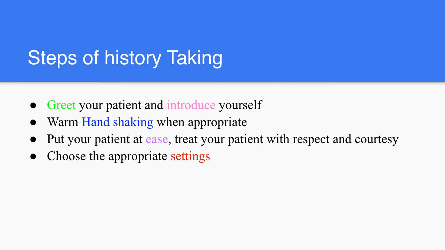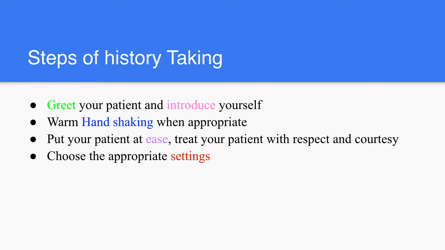And then you pull the curtains to ensure the privacy of the patient, and then you choose the appropriate settings for the different parts of history. For instance, if your patient is in the accident and emergency department, you are not going to ask him about very private parts of his history. You're not going to ask him about his family history in detail or his personal history in very much detail.